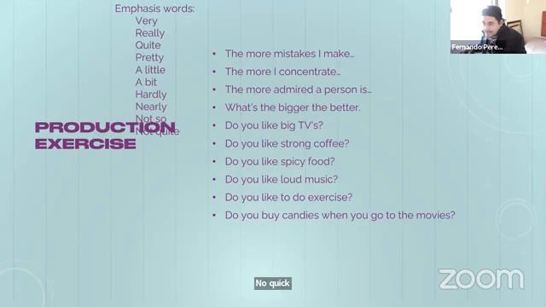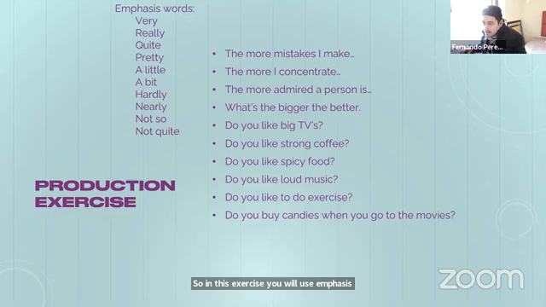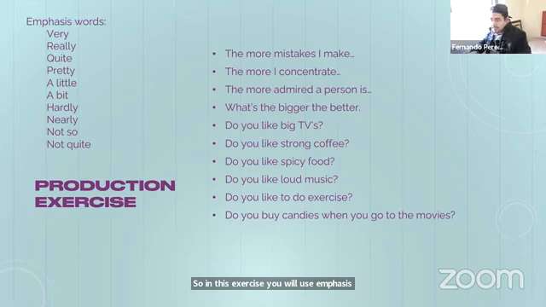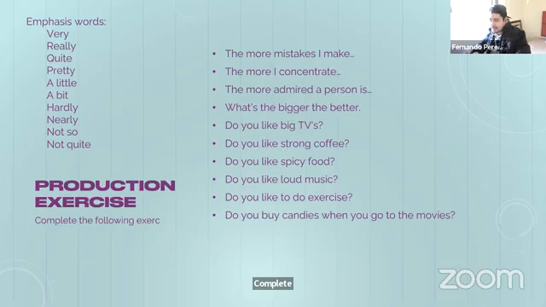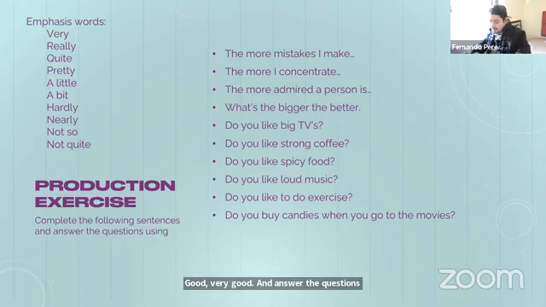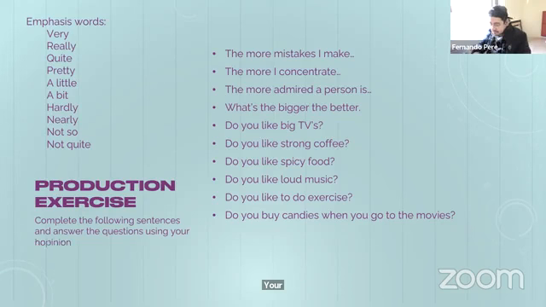So in this exercise, you will use emphasis words, complete the following sentences, and answer the questions using your opinion, your honest opinion.